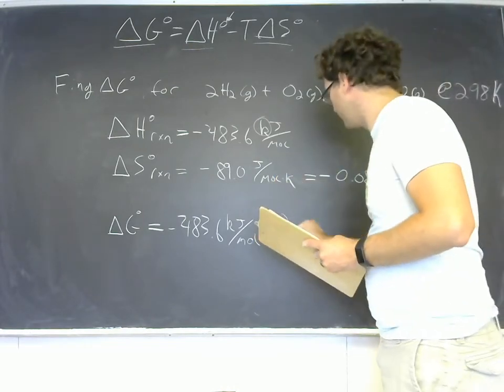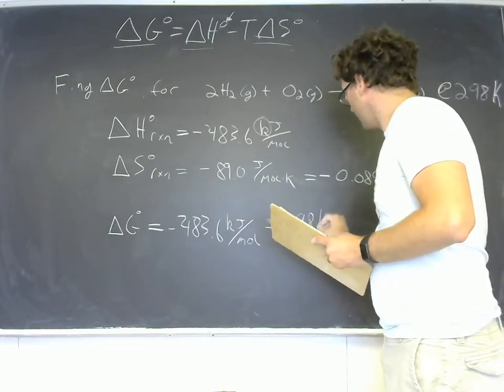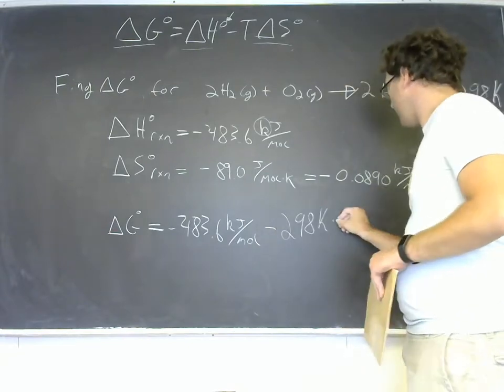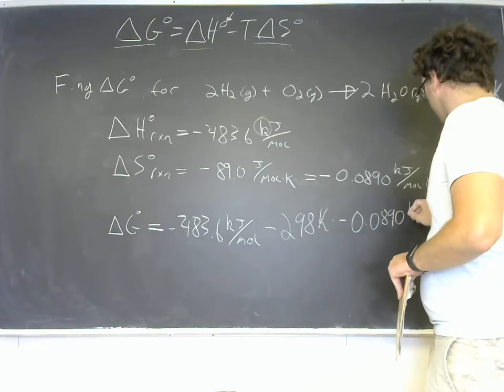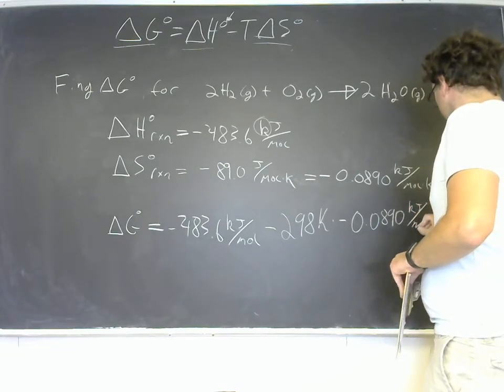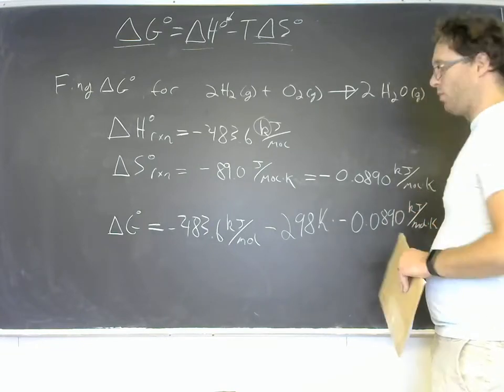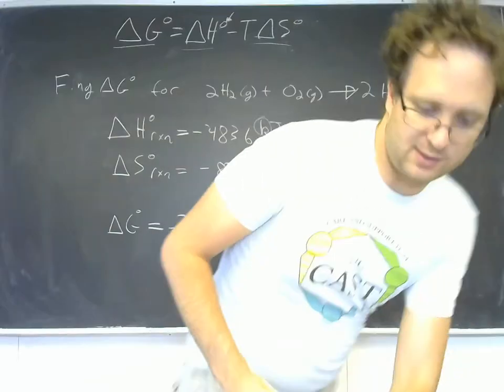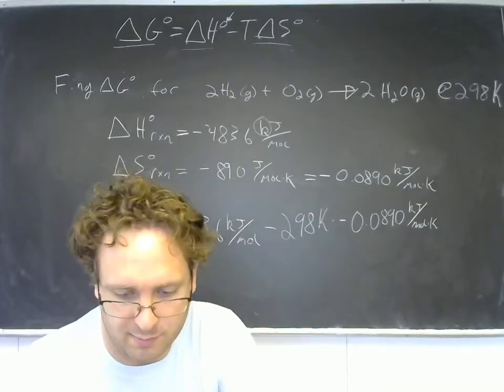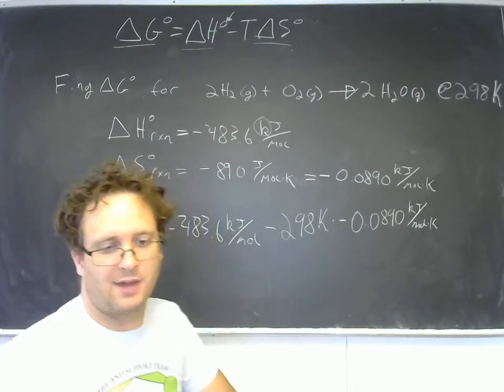So minus 298 Kelvin times the negative 0.0890 kilojoules per mole Kelvin. Let's see, I do not have that answer ready in my notes, so we get to solve it together.